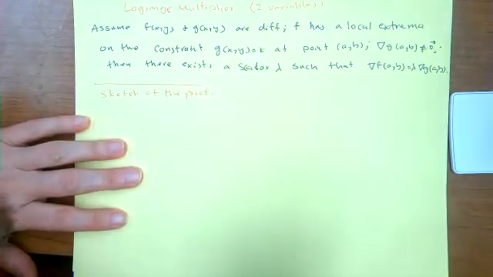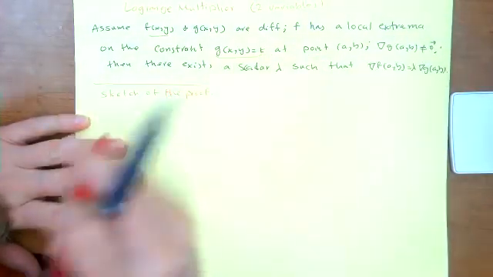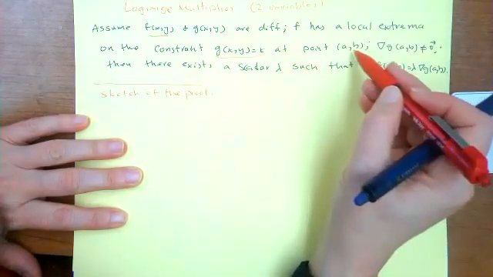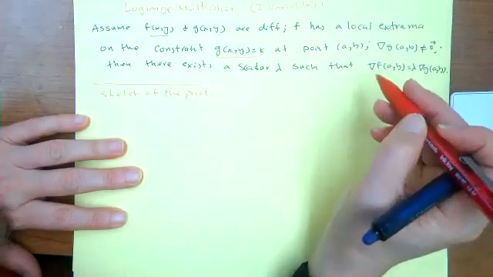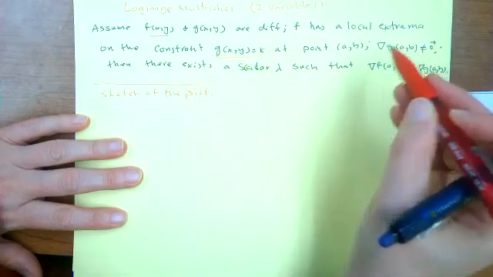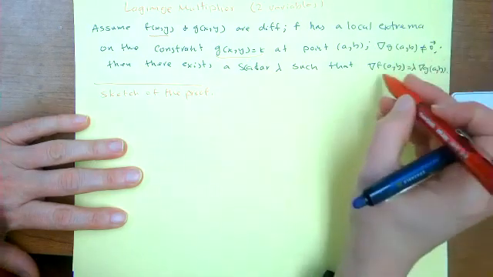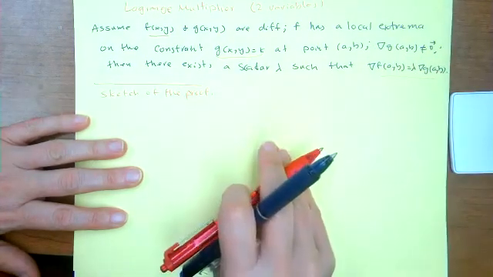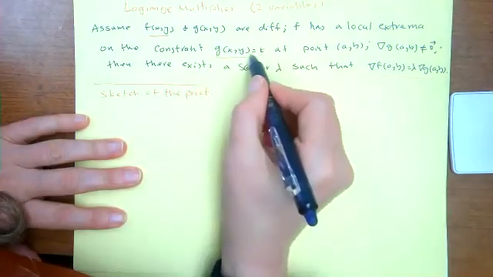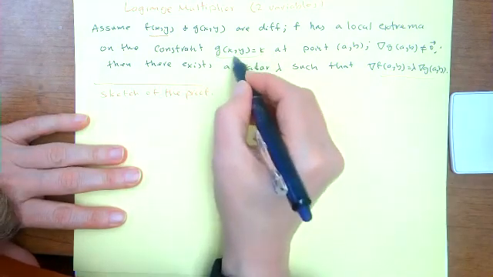Here, what this means is that this is an objective function on this constraint, and at point a and b, where the local extrema exists, and it's on the constraint, we want to say that gradient of g and gradient of f are parallel. So the first thing is that g of x and y equal to k means that I have a curve that is this constraint.